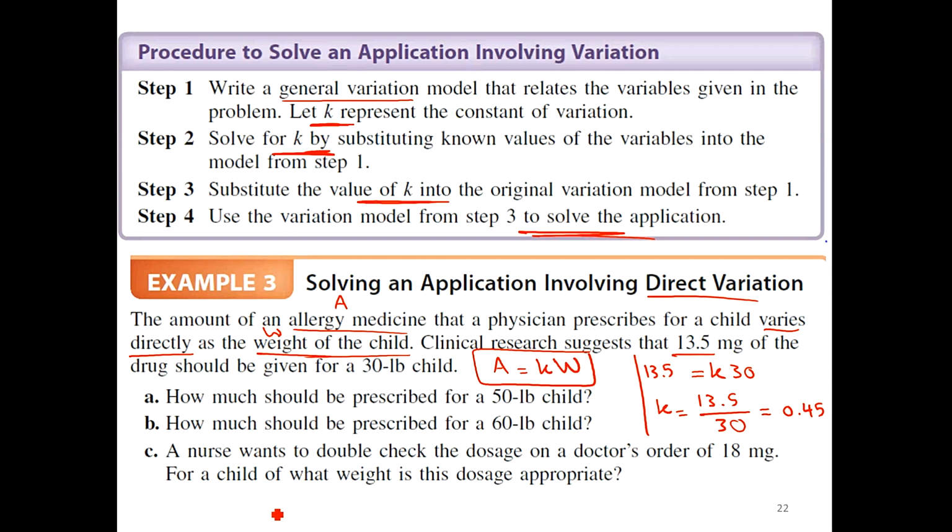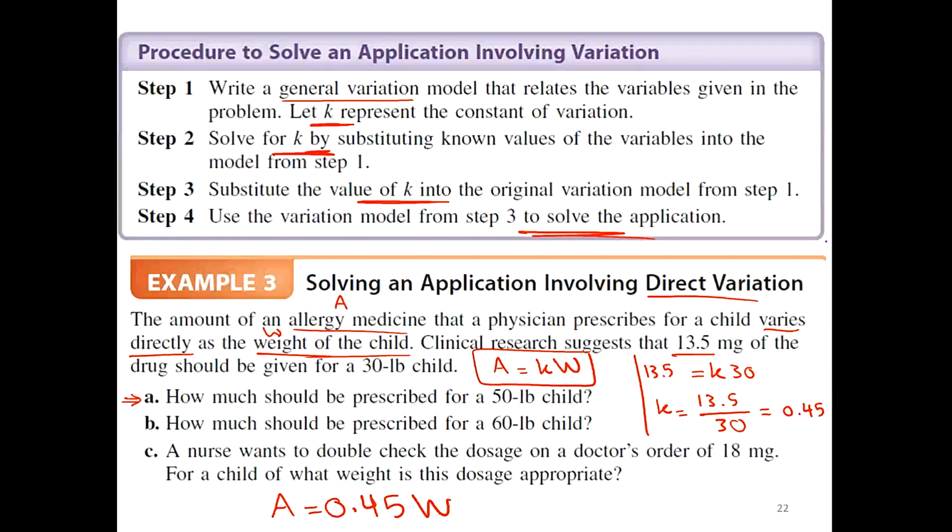So we can conclude the formula: A equals K, what's the value of K? 0.45 W. This is the formula. Now, what's the first question? How much should be prescribed for a child with weight 50?